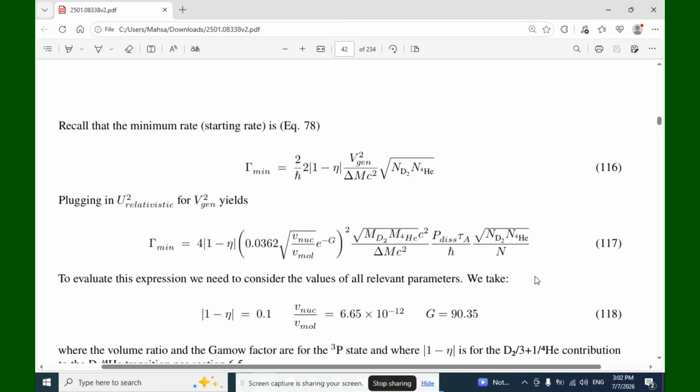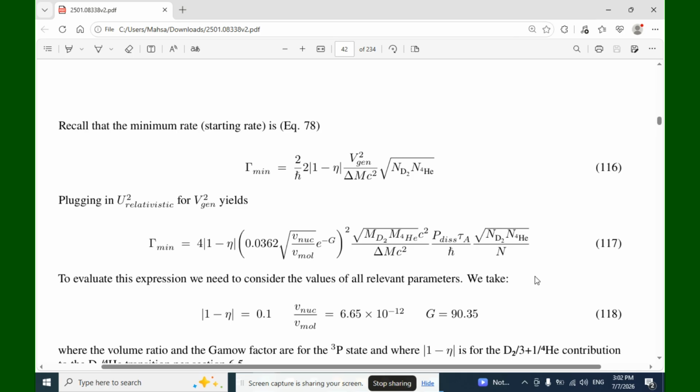Gamma minimum is equal to 2 divided by h, 2 absolute 1 minus eta Vj squared divided by delta m c squared square root n addition temperature n helium 4.